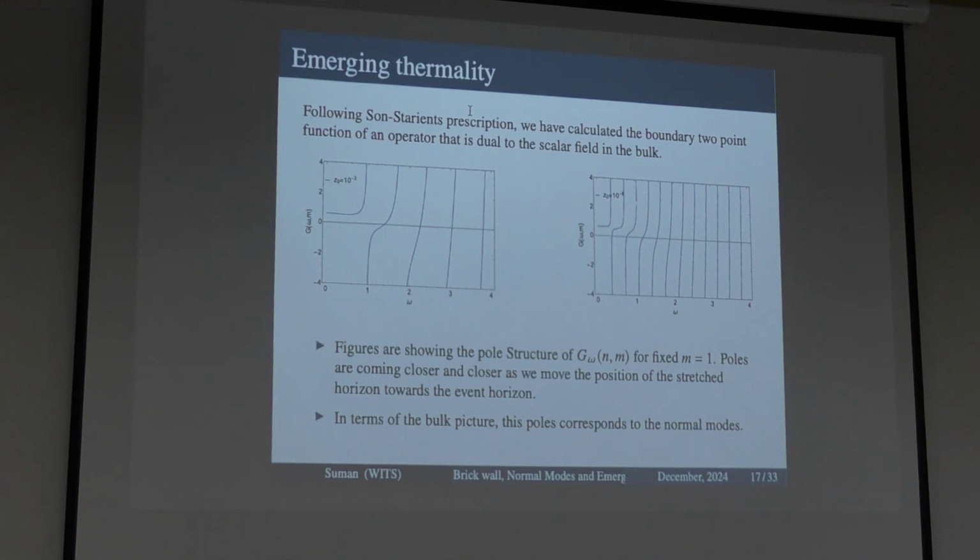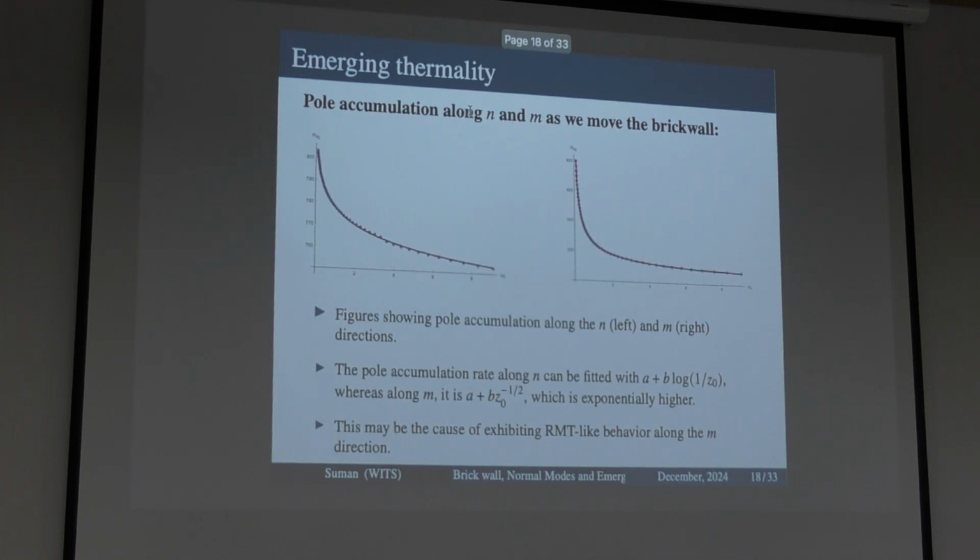So along both directions, along the N direction and along the M direction, these poles start coming closer and closer, and the rate at which they come closer is very different along the different quantum number directions. Along the N direction, this is like A plus E log 1 over Z naught, and along the M direction it is exponentially higher. So along the M direction, the pole accumulation rate is exponentially higher as compared to the N direction.